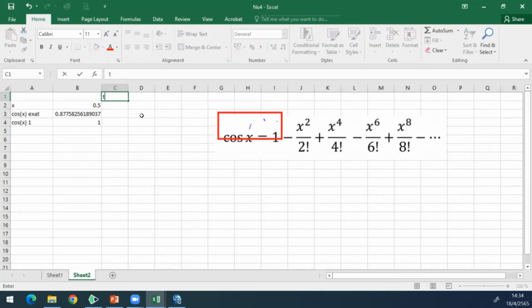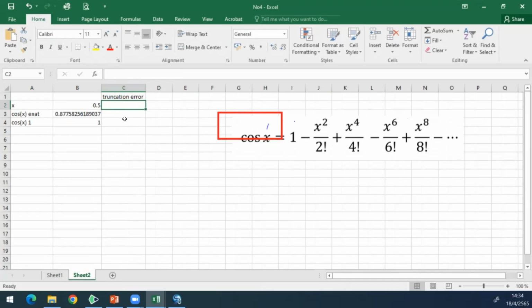So truncation error is what? Truncation error is equal to this minus this, right?